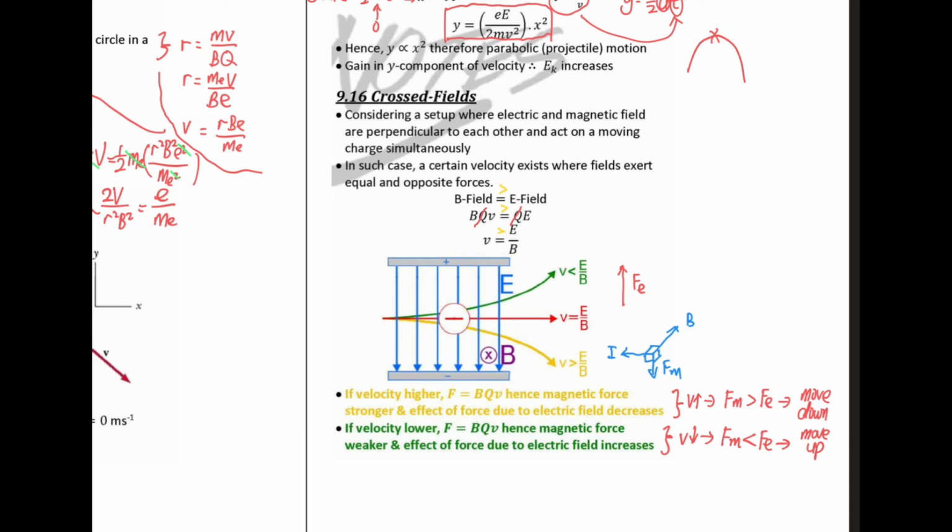I use green color, so the magnetic force is smaller than the electric force, so BQV is smaller than QE, V is smaller than E over B. Okay, so it works in this way, and let's move on.